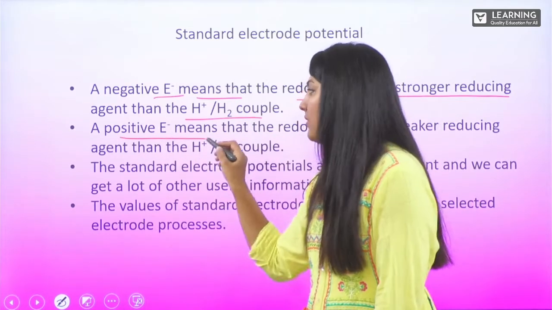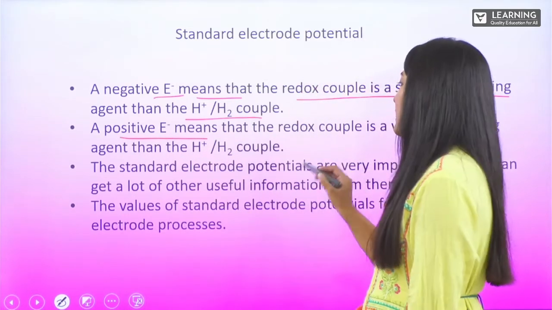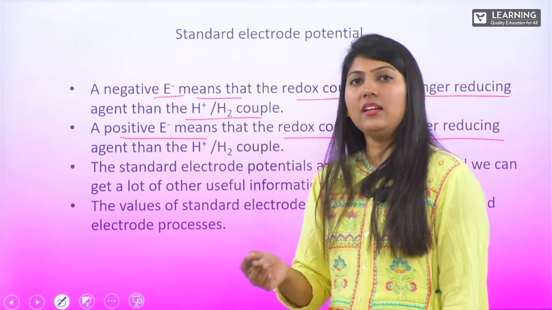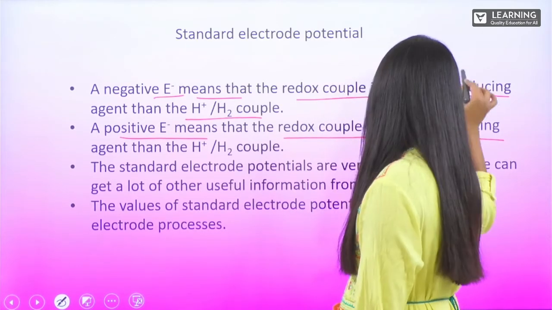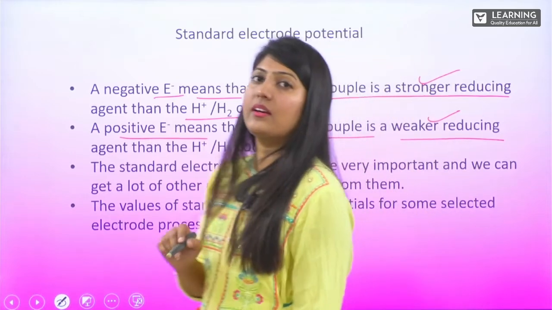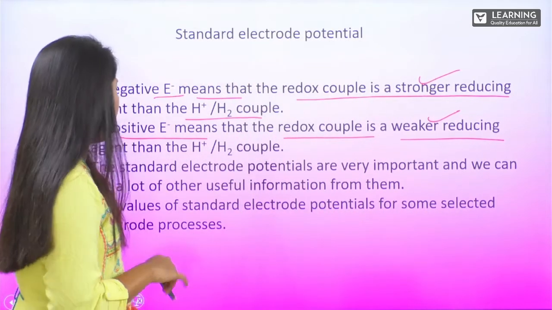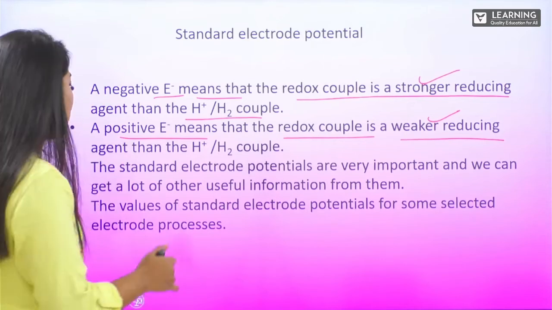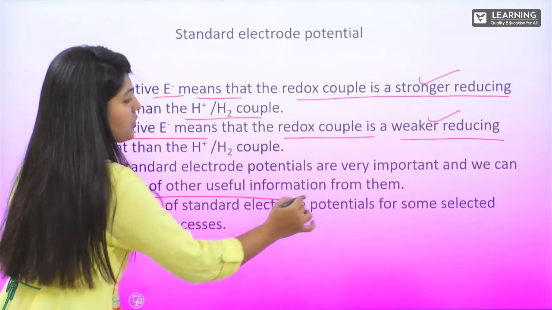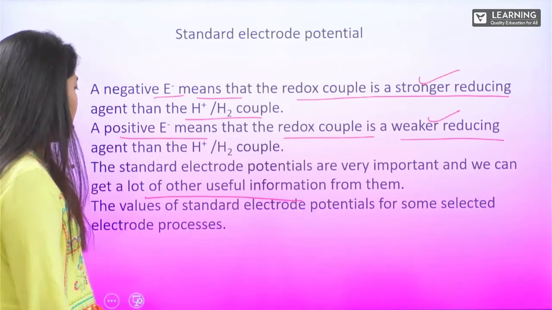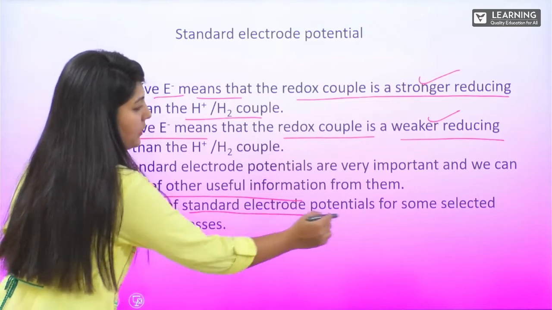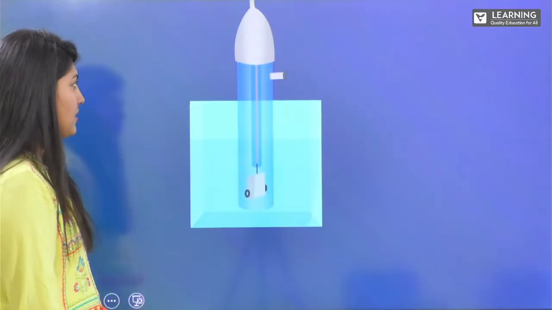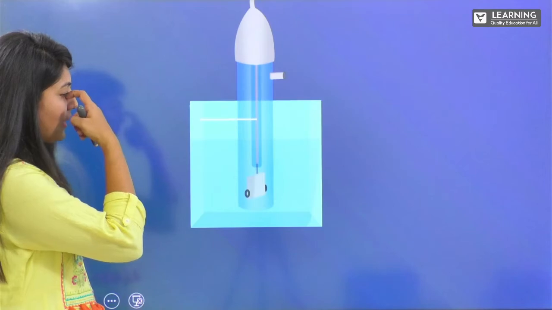And if a positive E° is attained, that means the redox couple is a weaker reducing agent than hydrogen. We are referring to the stronger and weaker reducing agents here. The standard electrode potentials are very important and we can get a lot of useful information from them. So the values of standard electrode potentials for some selected electrode processes will be given. We'll just check with this.